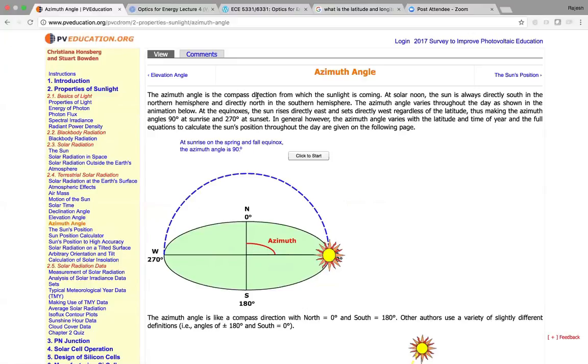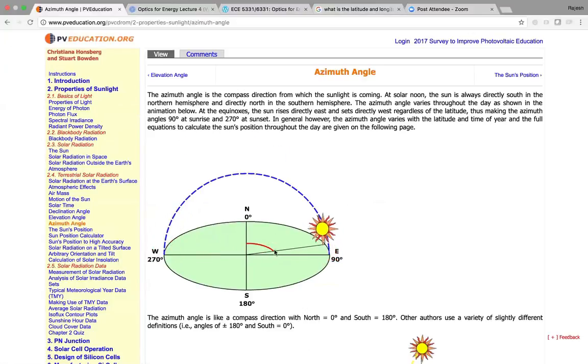So the azimuth angle is the compass direction from which the sunlight is coming. You can see it in this animation. As the sun moves, the azimuth goes to 0 degrees when it's at the highest point in the sky, pointing right north if you're at the equator. And then it moves down, goes the other way.